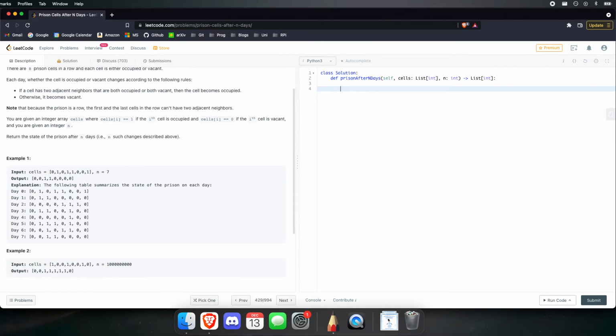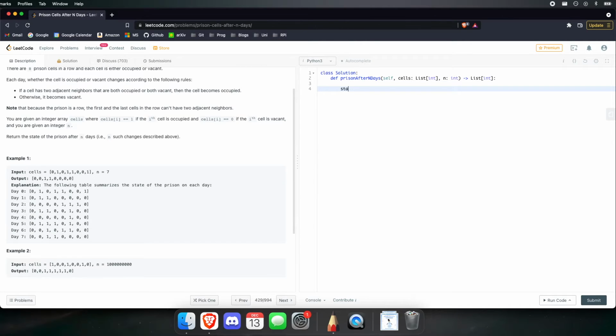I have it here off to the side just to make sure I don't mess anything up. So we want to keep track, for this pattern, of the day we saw it, and we also want to do the reverse: on this day, what pattern did we see?